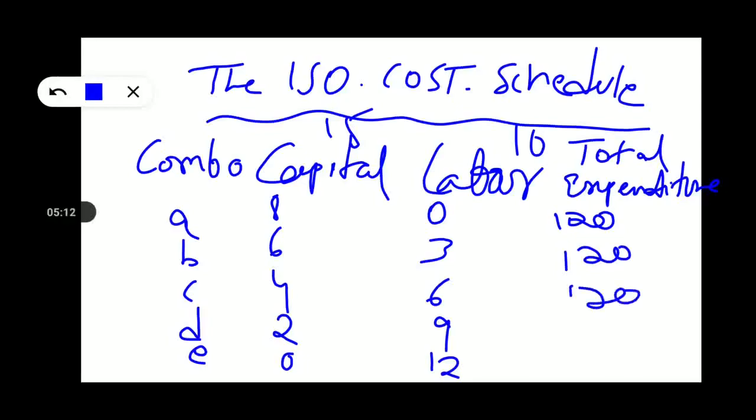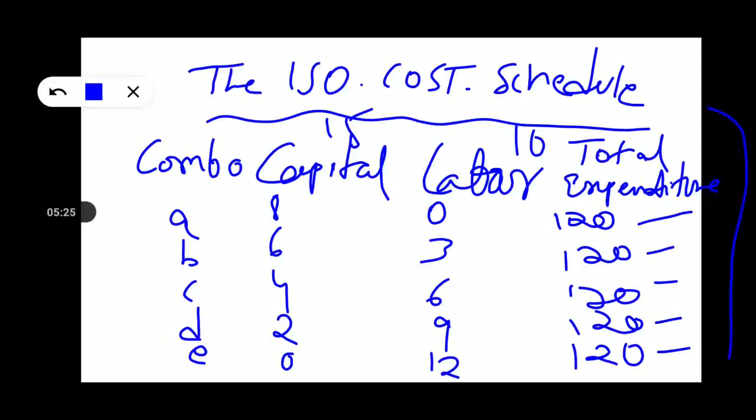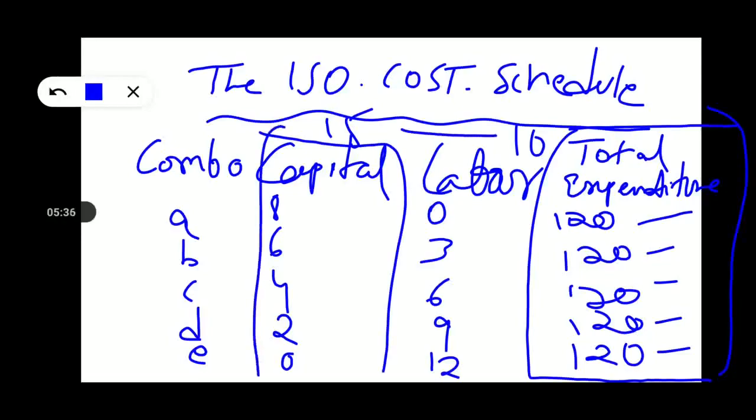You can calculate that total expenditure is 120 in any case. This is what the isocost curve says: the total expenditure will be the same, but the units of factors will change accordingly. This is known as the isocost curve with the help of the isocost schedule.